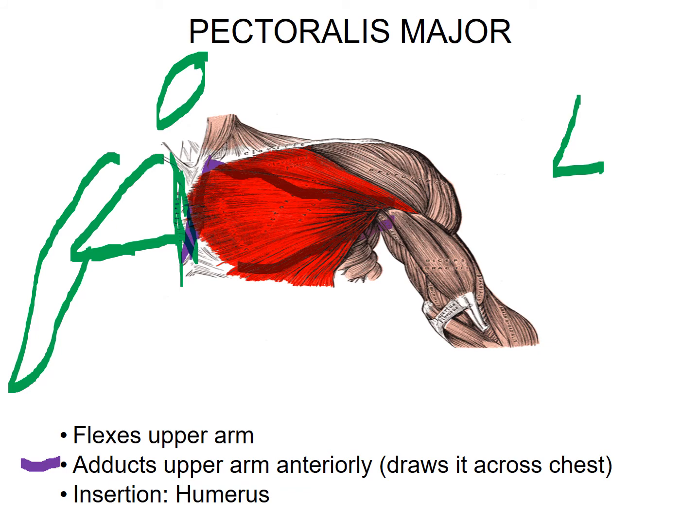For example, if you're clapping and you bring your chest together, or you're squeezing something between your two hands, that would be your pectoralis major. So it adducts them anteriorly, and all that means is your hands are in front of your chest while adducting. Because on the next slide, we're going to introduce a muscle that adducts posteriorly. So stay tuned.